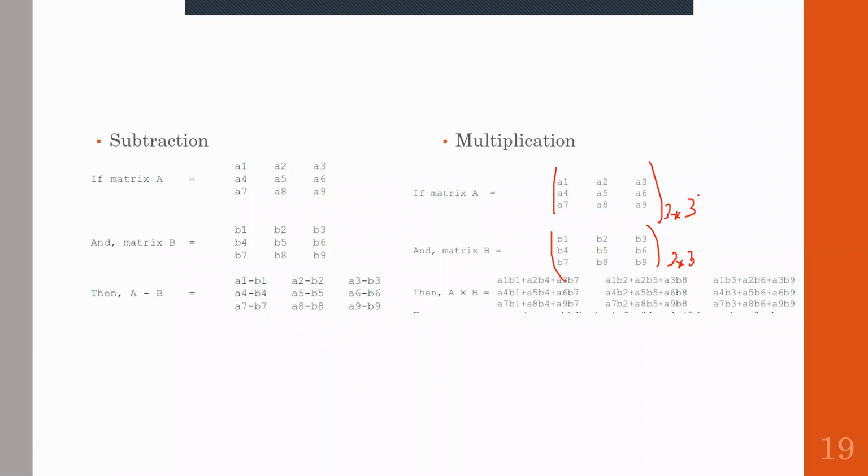So as per the multiplication rule, if I'm performing A into B, that is matrix A multiplied with matrix B, the number of columns in matrix A should be equal to the number of rows in matrix B. If A has C number of columns, then B should also have C number of rows. So this is the condition you look out for.